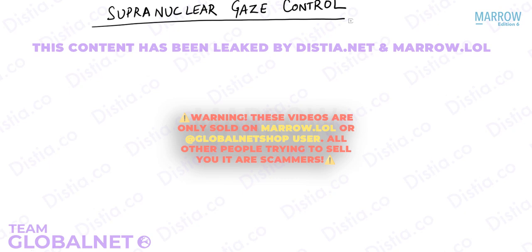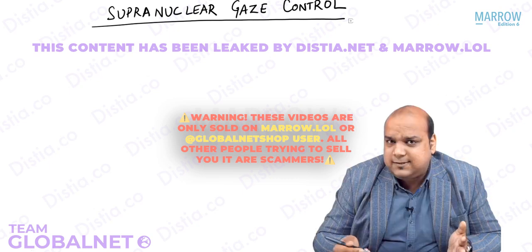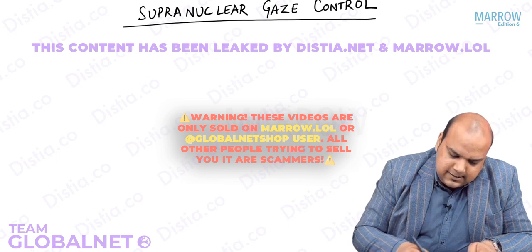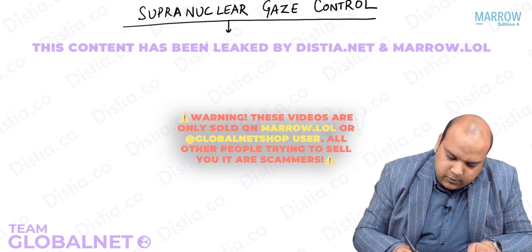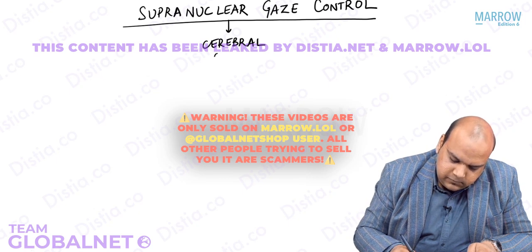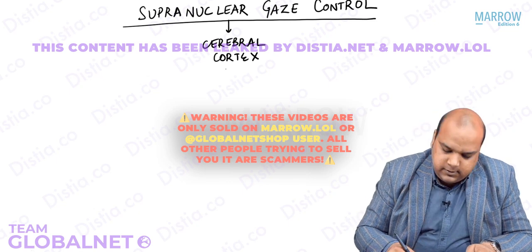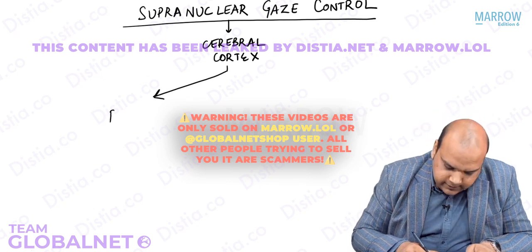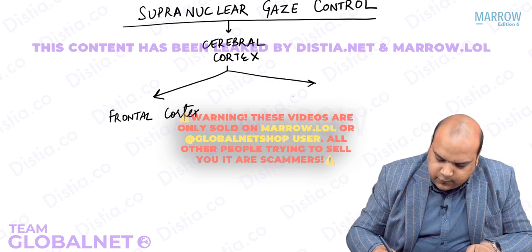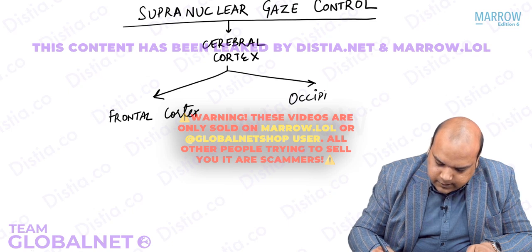Now, obviously the supranuclear control or the gaze control will be from the cerebral cortex. This gaze control from cerebral cortex can be divided into two: from the frontal cortex and from the occipital cortex.